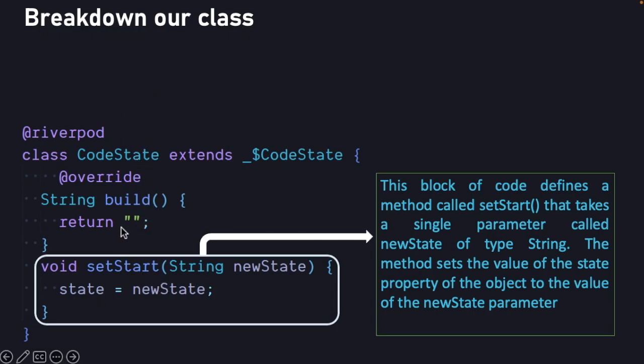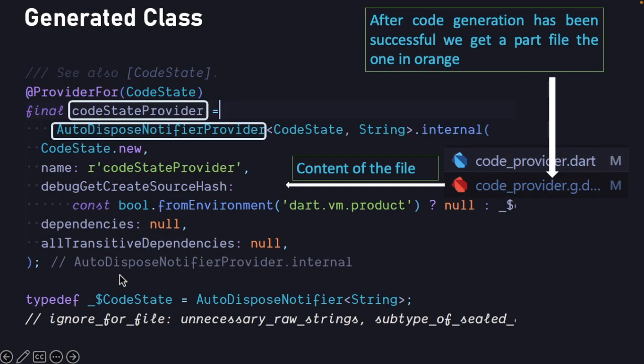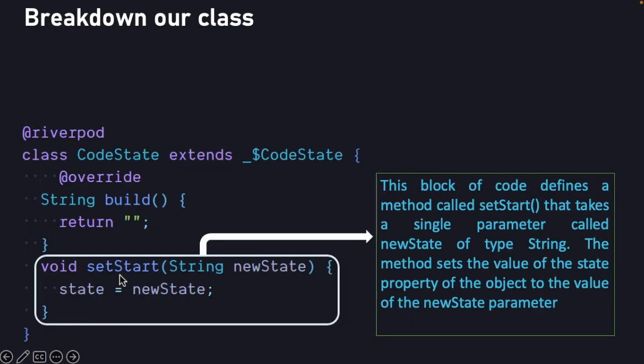So here we are returning an empty string, right? If you want to set a value to it, we are going to use this method here, setState, and then we can set the new state.